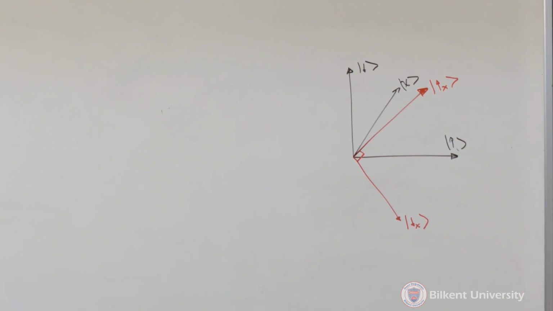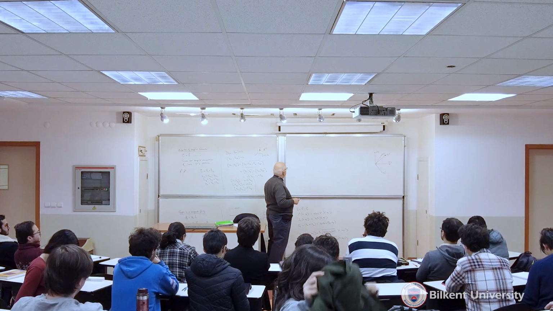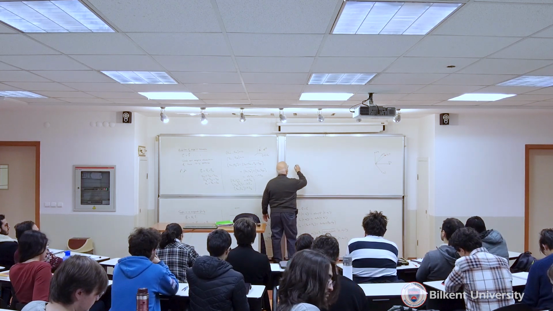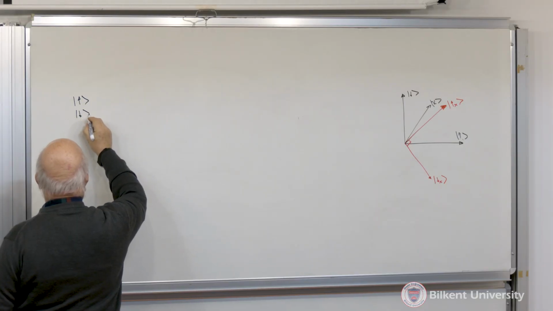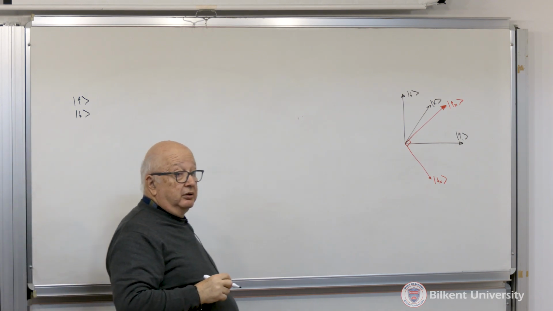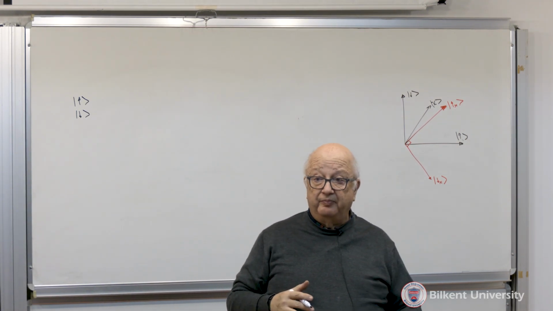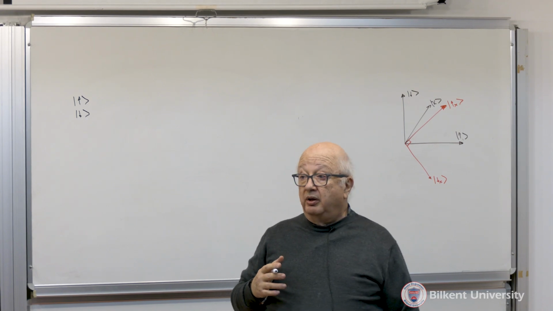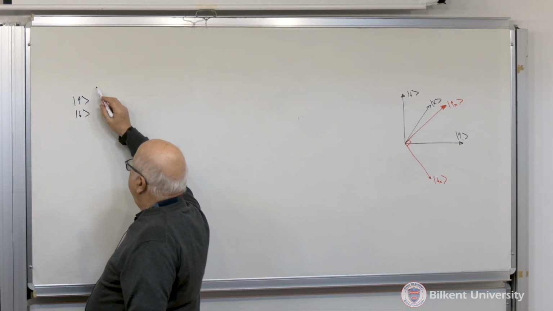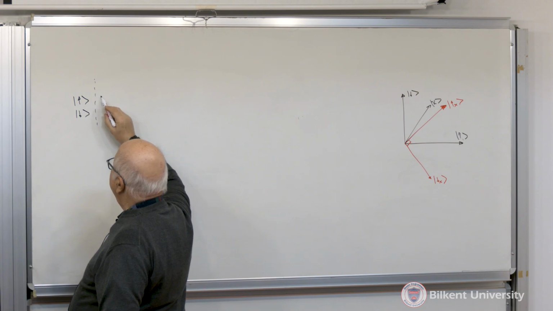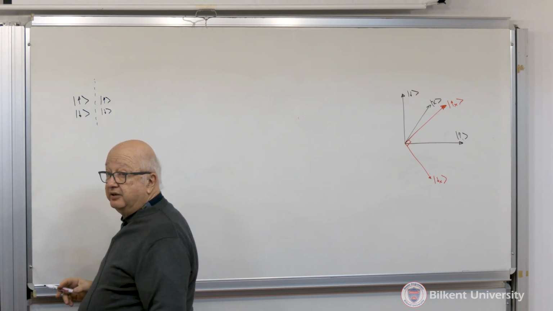Okay, so that's that. Now, that means if I just want to describe the state of the system, I have to form a linear combination of up and down for the system. Now, what happens if I have two spins? Well, first of all, the second spin also has independently an up and a down state, right?